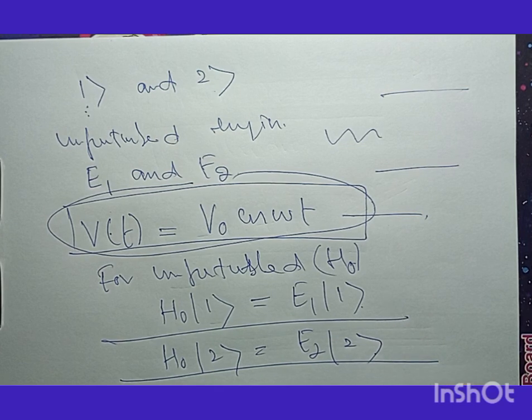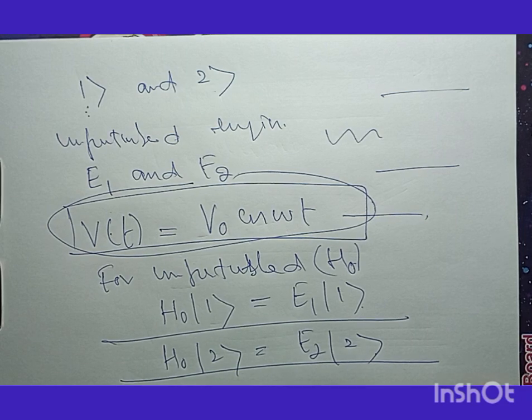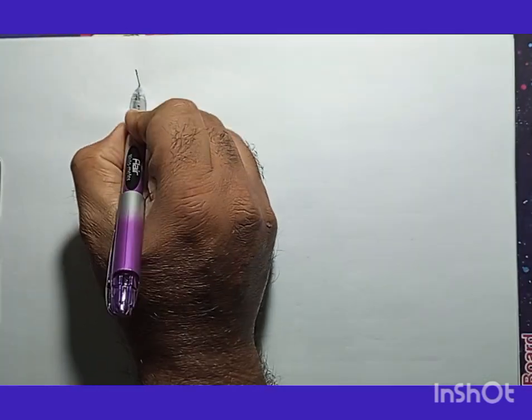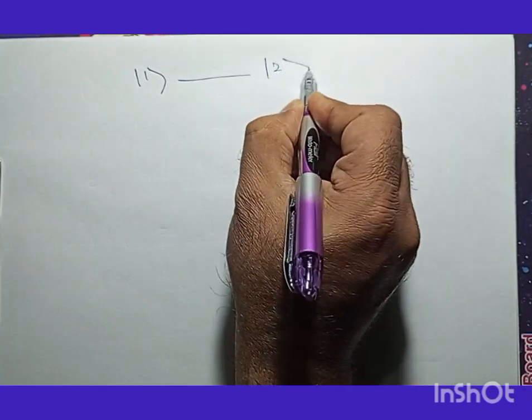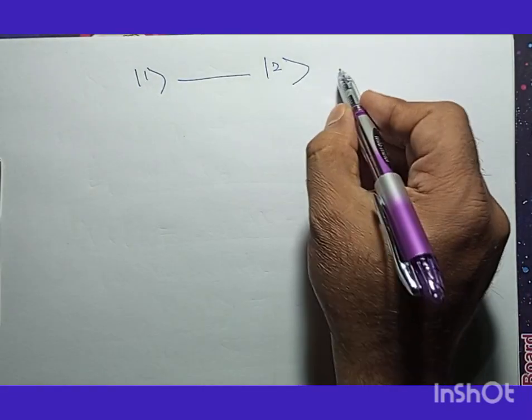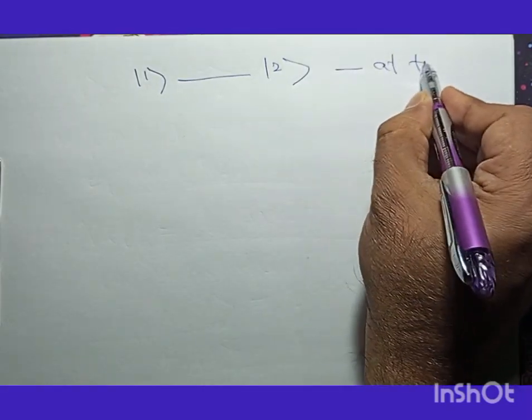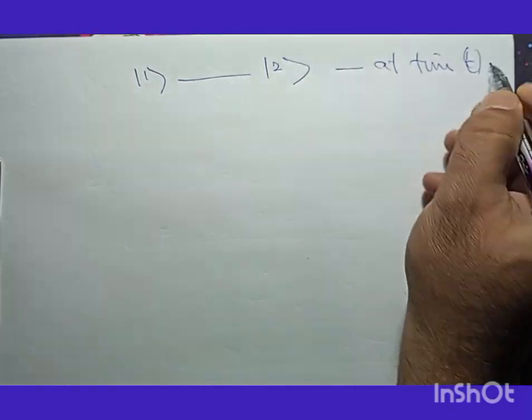Now, as we have already discussed from the theory, we would like to use the transition amplitudes from time-dependent perturbation theory. We aim to find the transition probability from state 1 to state 2 at time t.